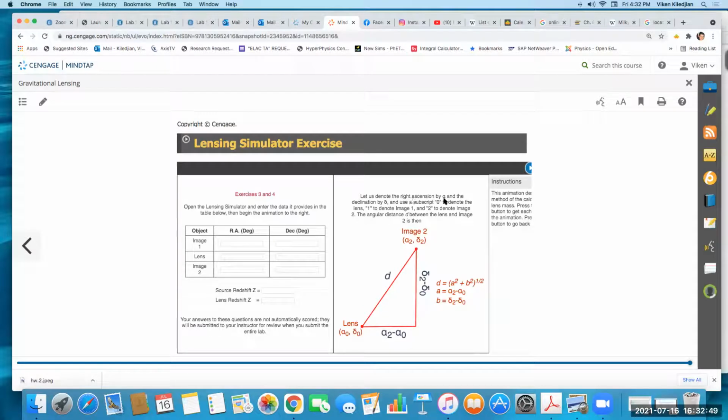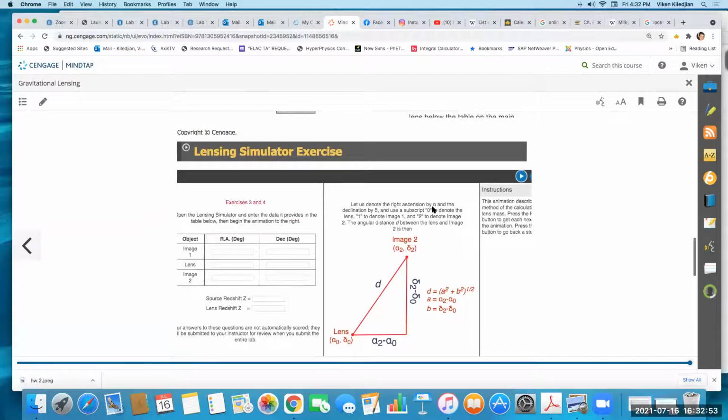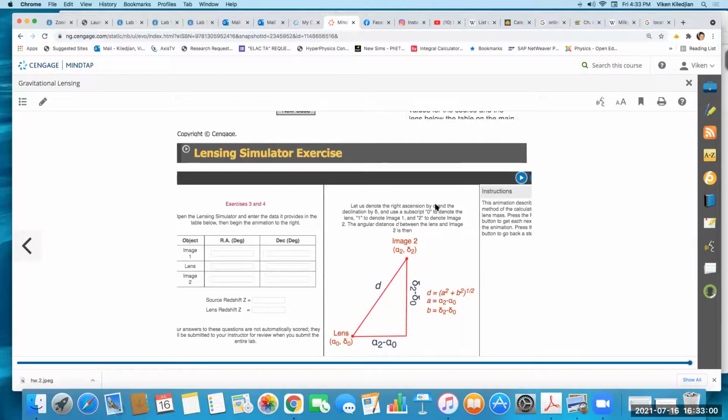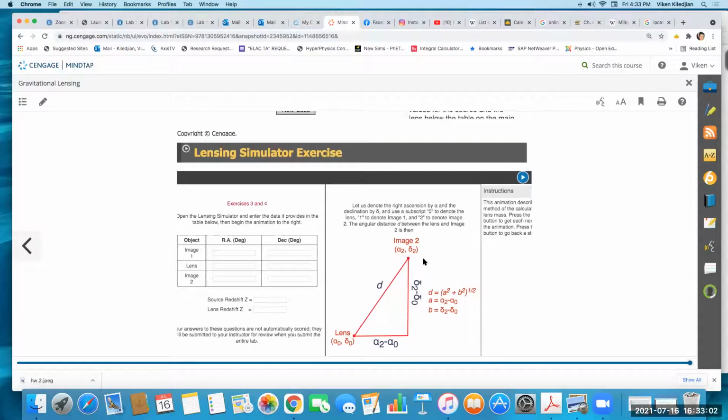Let us denote the right ascension by alpha and the declination by delta. So, they're using Greek letters. The right ascension is alpha and the declination is delta. And use a subscript 0 to denote the lens, 1 to denote the image 1, and 2 to denote the image 2.